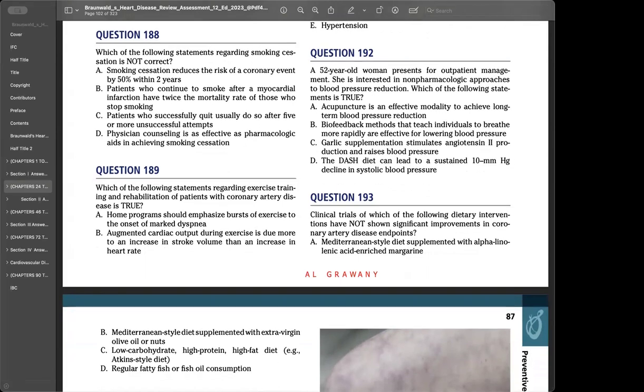Question 189. Which of the following statements regarding exercise training and rehabilitation of patients with coronary artery disease is true? A, home programs should emphasize bursts of exercise to the onset of marked dyspnea. B, augmented cardiac output exercise is due more to an increase in stroke volume than an increase in heart rate.